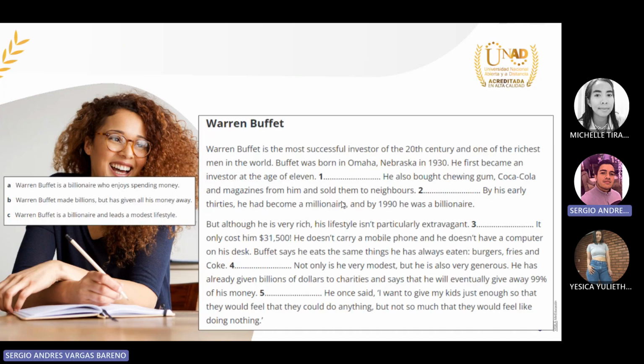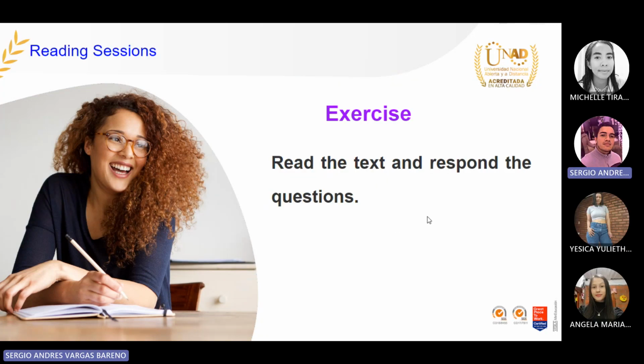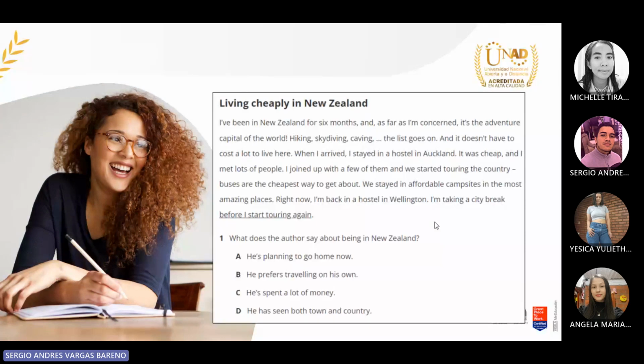This is the warming up. Continue with this. We have to read this text, Warren Buffett, and you have to respond to these three different statements, considering the information in there, right? So let's move on. Here is the exercise, the reading part.